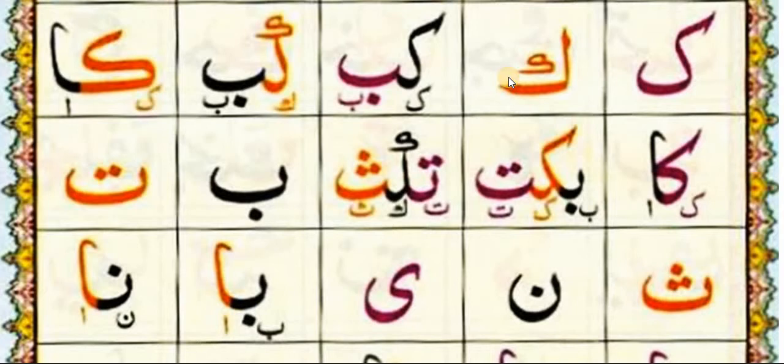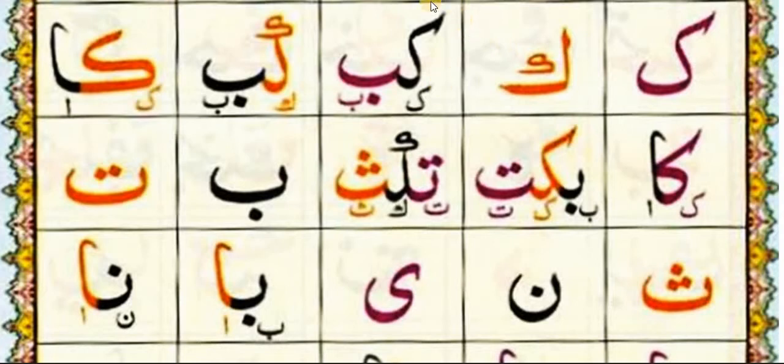Sometimes kaf comes with a line like in this shape, and sometimes it comes with a small S shape. So it is kaf.